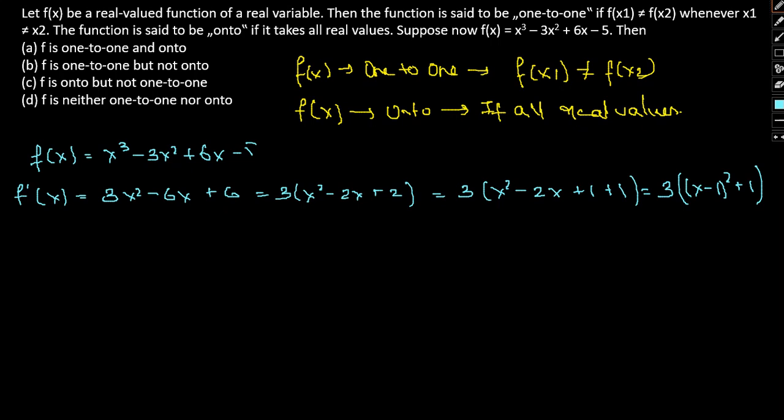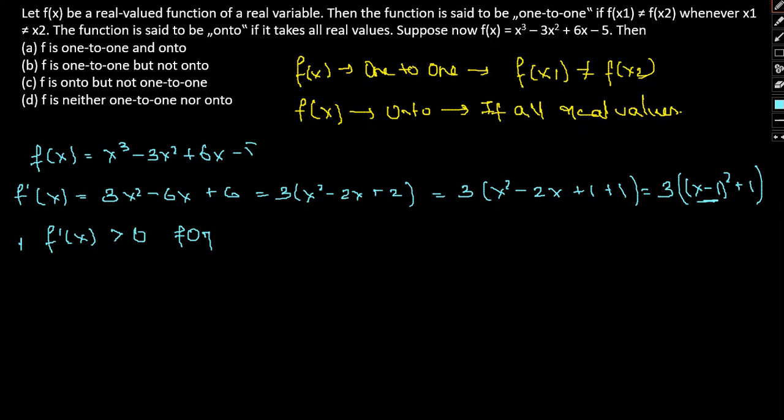So here with this we can actually say f dash x should be greater than 0 for all real values. It should be greater than 0, right? Because the minimum value this particular part can take is 0, and the minimum value of the function will actually be 3, because all we are concerned with are real numbers.